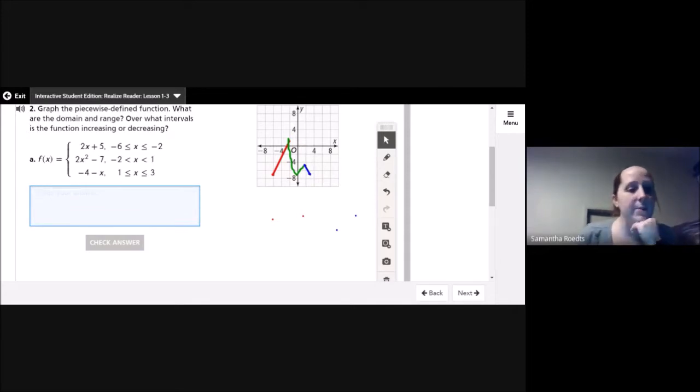So I want to figure out my domain and my range. Well, my domain are my x values, right? So negative 6 less than or equal to x is less than or equal to 3. My range are my minimum and my maximum. So my minimum is down here at negative 7.